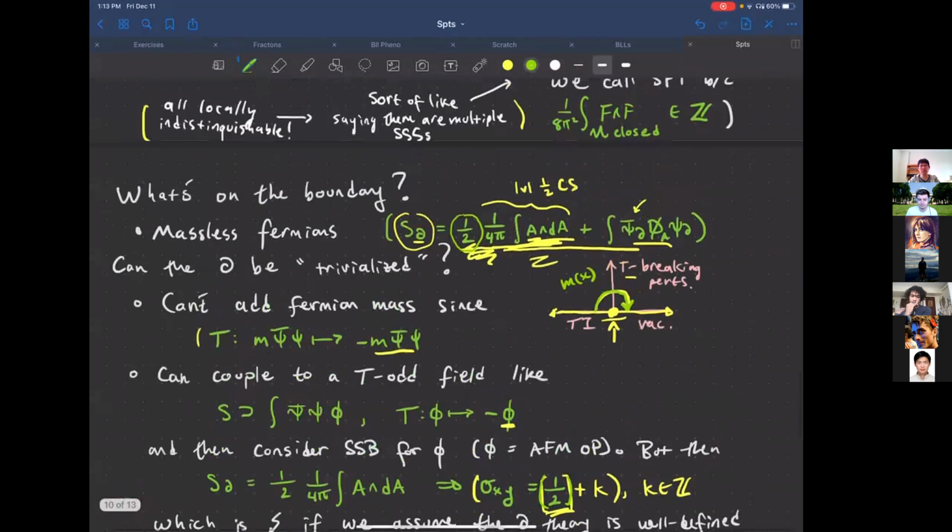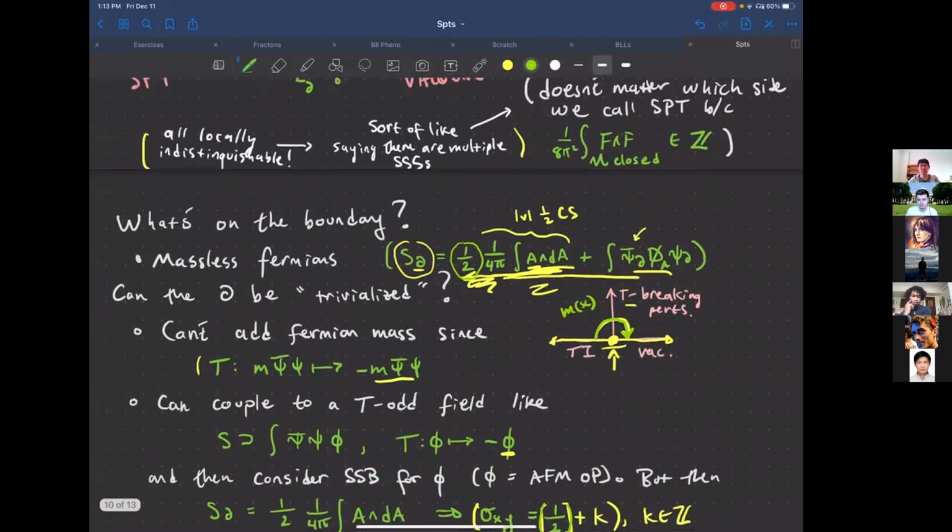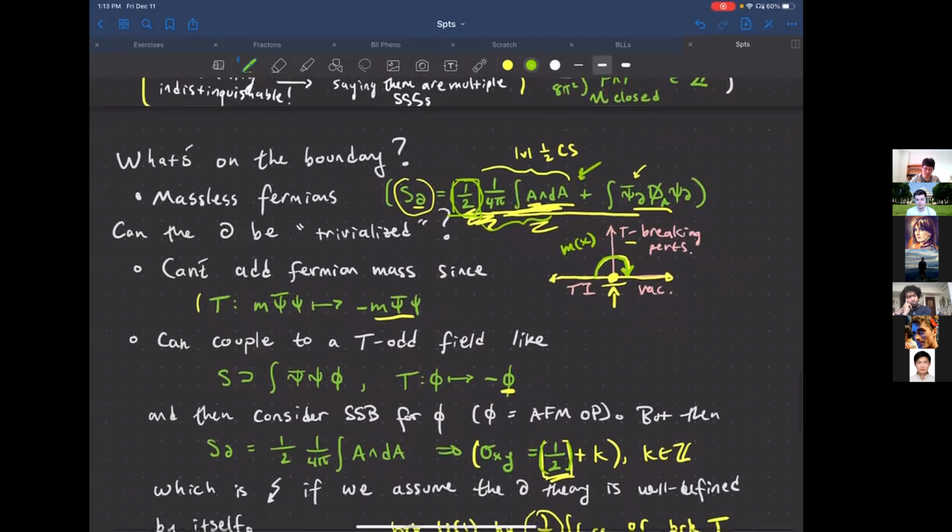If I consider breaking the U1 symmetry, then I can regulate the path integral in a way that this 1/2 disappears. This 1/2 means that this term is not gauge invariant. So if I add terms to the action which break U1 explicitly, then my action will not be gauge invariant, obviously, because I've explicitly broken the symmetry. And you can add these terms in a way such that this thing dies. So if I break U1, then the topological response action can just be made trivial. So I need both symmetries.